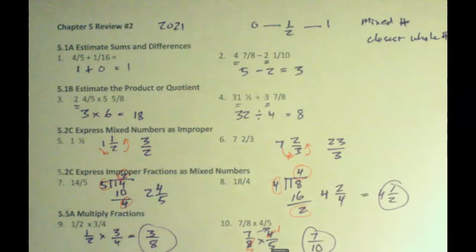Well, when we just multiply straight across here, we're going to get 15 over 2, which is simply 15 divided by 2. It's going to go in there 7 times. That's 14. You have 1 left over, so it's really equal to 7 1/2, is your answer.